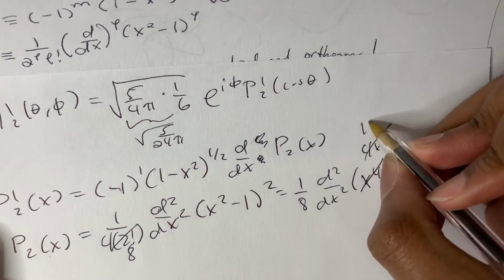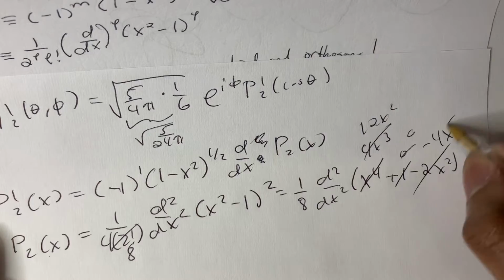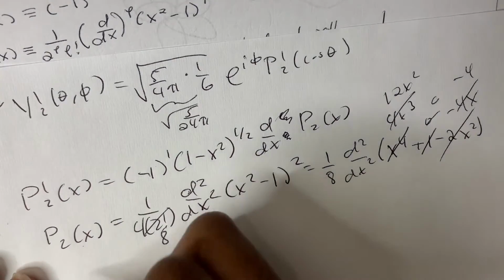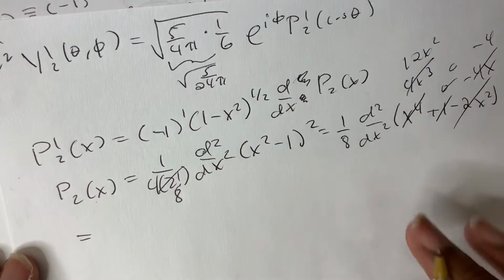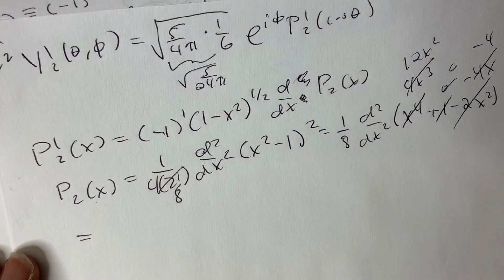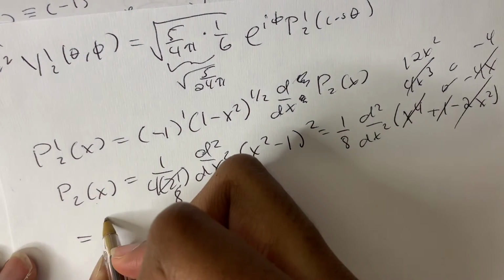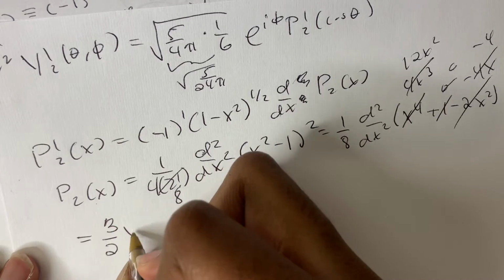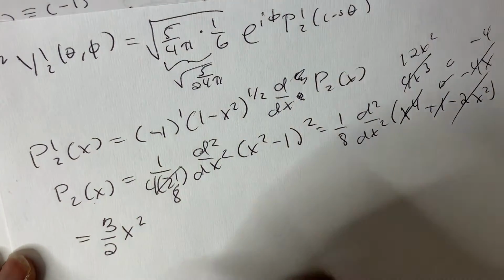Derivative of that again is going to be 12x squared. This is still 0. This is just minus 4 now. And then it's all divided by 8. So this is just going to be 12 over 8, which is 3 over 2 x squared minus 1/2.